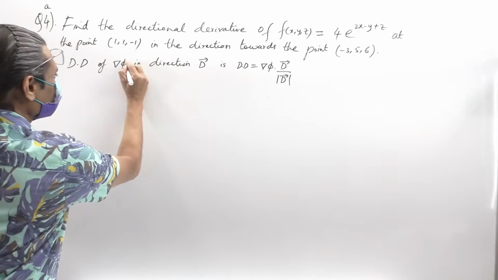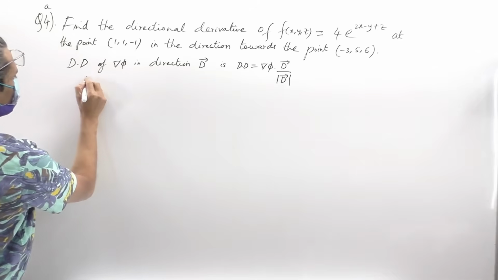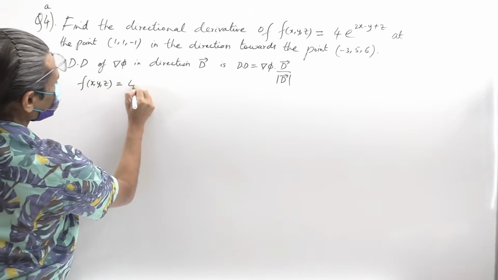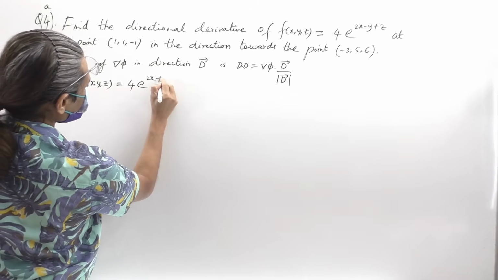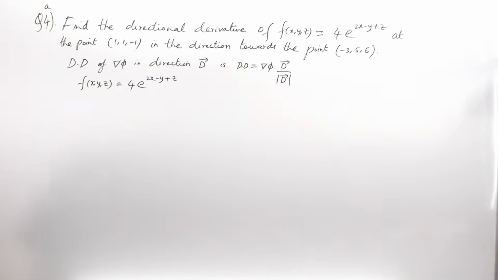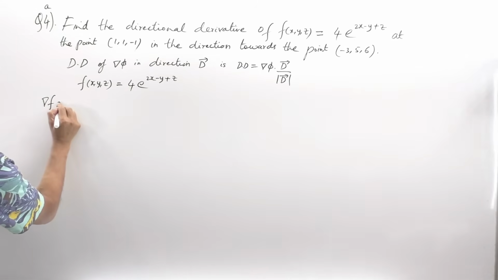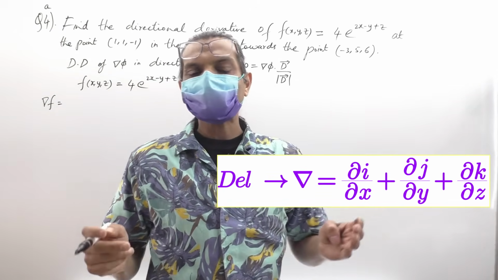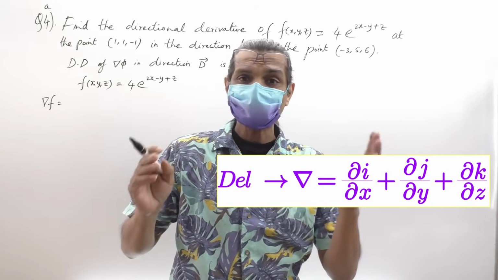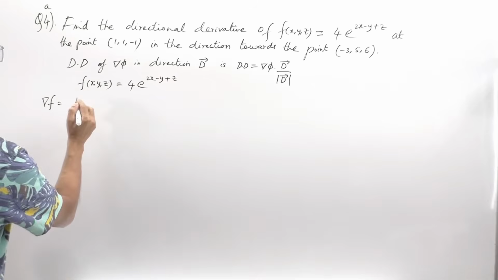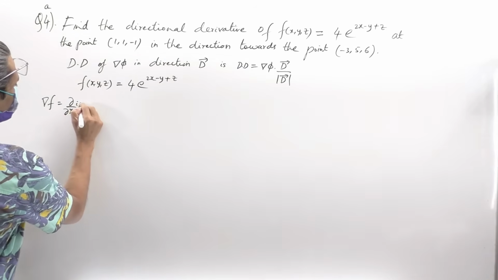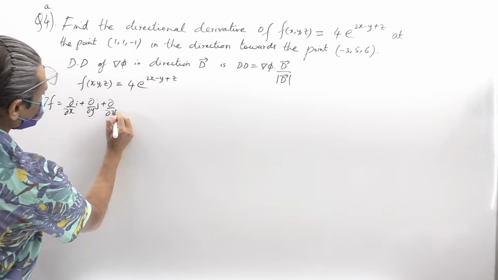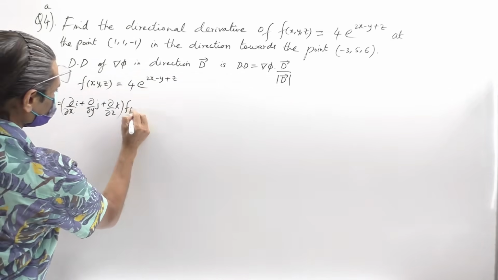Fine. Now here the surface is given as f. So we have taken del phi, but here you need to take del f. So we have f(x, y, z) equals 4 e raised to 2x minus y plus z. Therefore del f is equal to, see, the meaning of del, as you know, is dou by dou x of i plus dou by dou y of j plus dou by dou z of k into f.